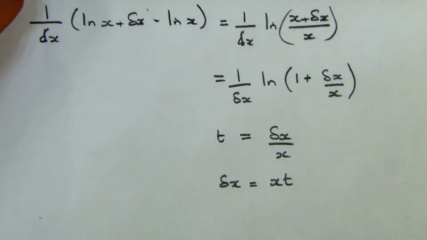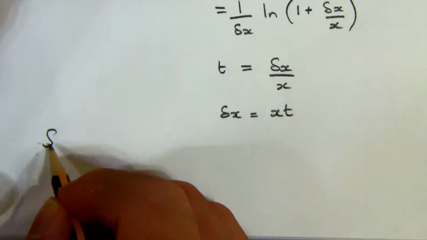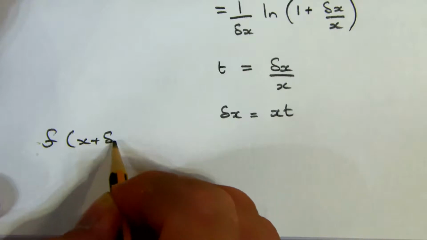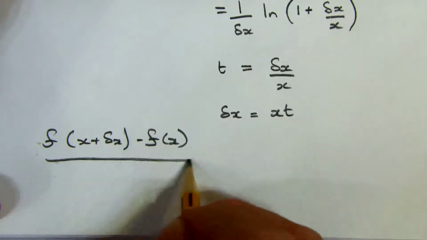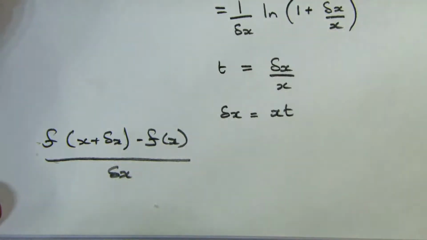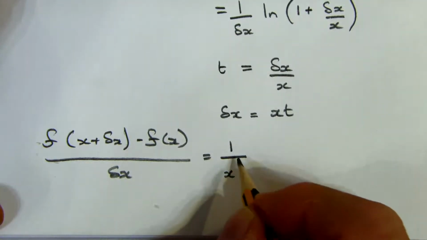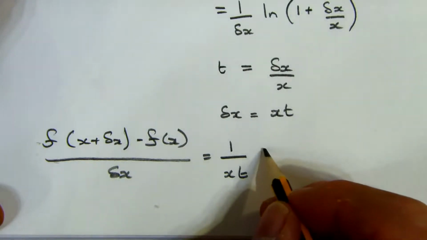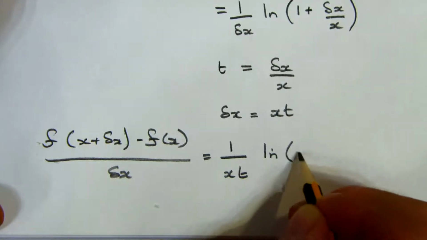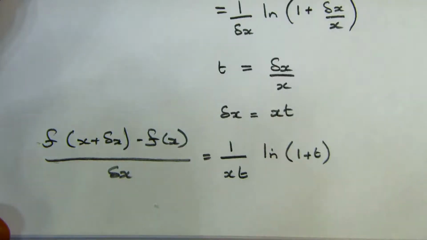So if that's going to be true, then we can say that for my function here, f of x plus delta x minus f of x all over delta x could be written as 1 over xt ln of 1 plus t, doing my little bit of substitution.